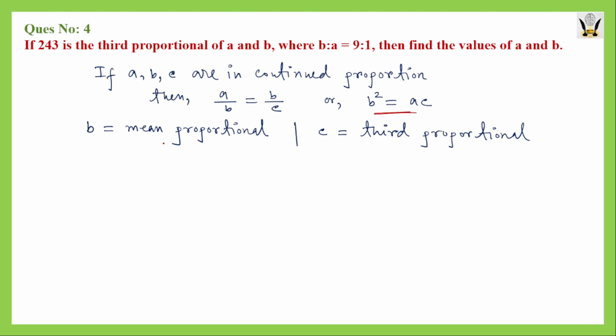Now B is called mean proportional and C is called third proportional, and this problem sum is about third proportional whose value is given as 243.